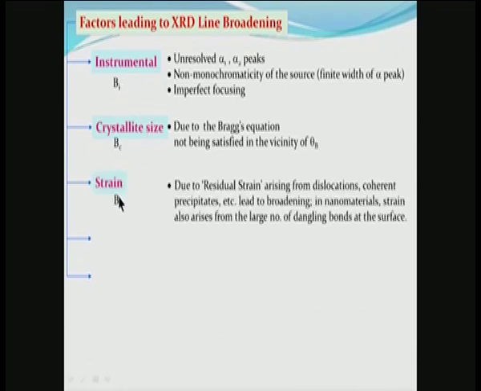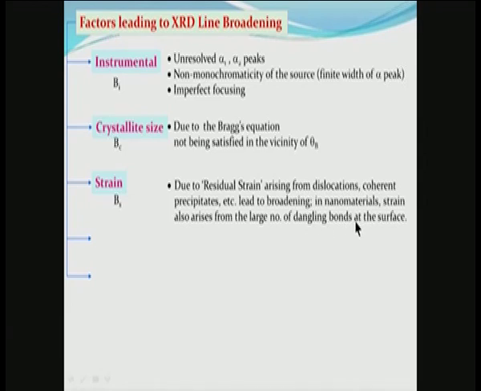In addition, there is a broadening due to strain in the crystals. This is due to so-called residual strain that arises from dislocations, coherent precipitates, etc., leading to broadening, and in nanomaterials especially, strain also arises from the large number of dangling bonds at the surface.